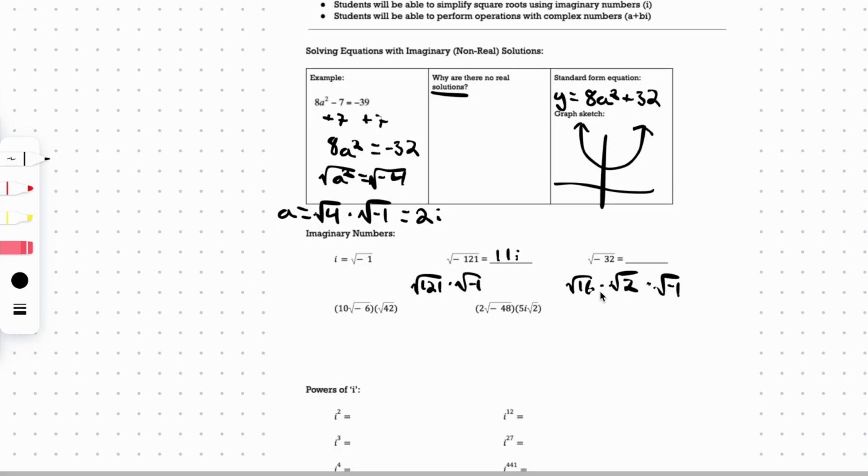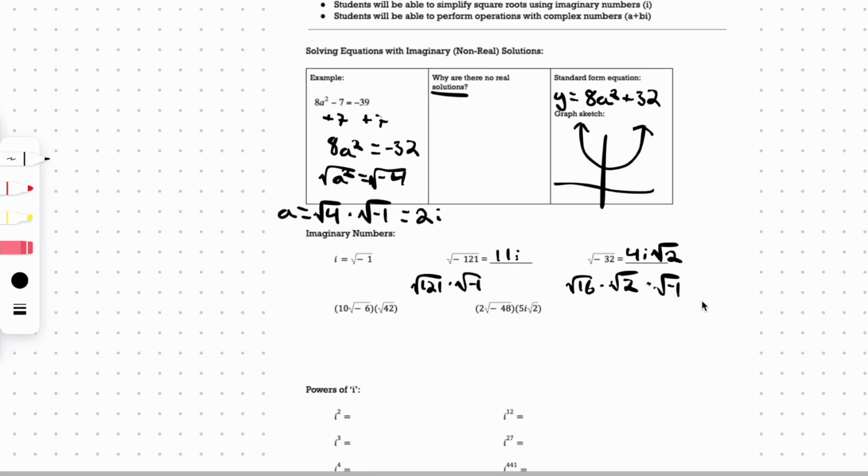Root 16 is 4, root negative 1 is i, and then times root 2. That's how we'd solve that.